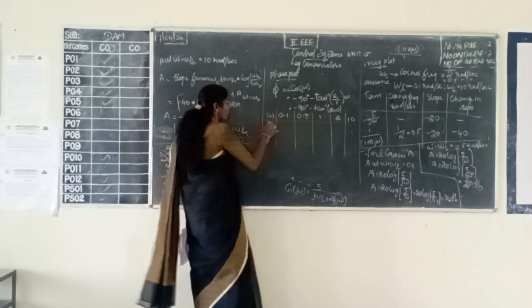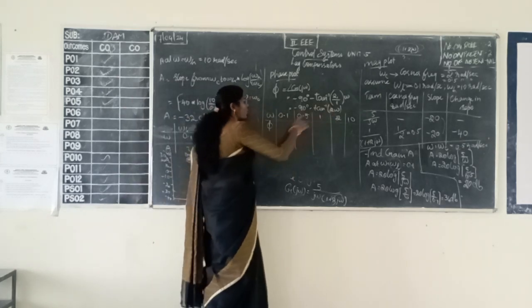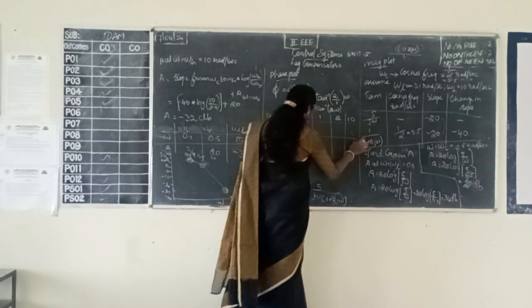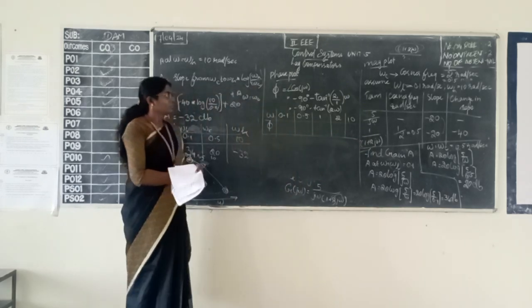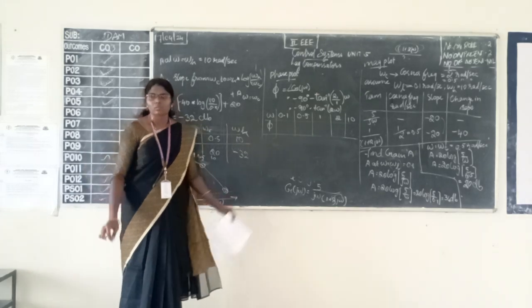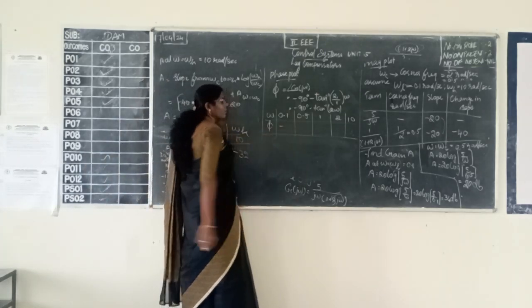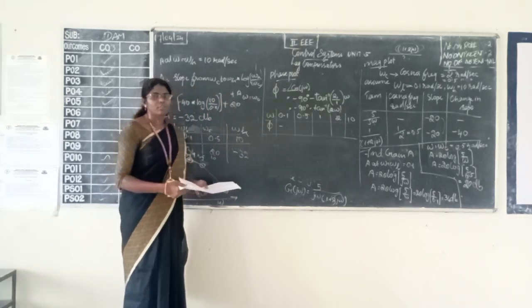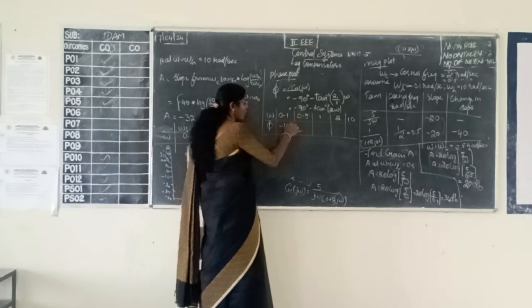Now substitute the value for omega over here as 0.1. Minus 90 minus tan inverse of 2 into 0.1. What is it? Minus 101.